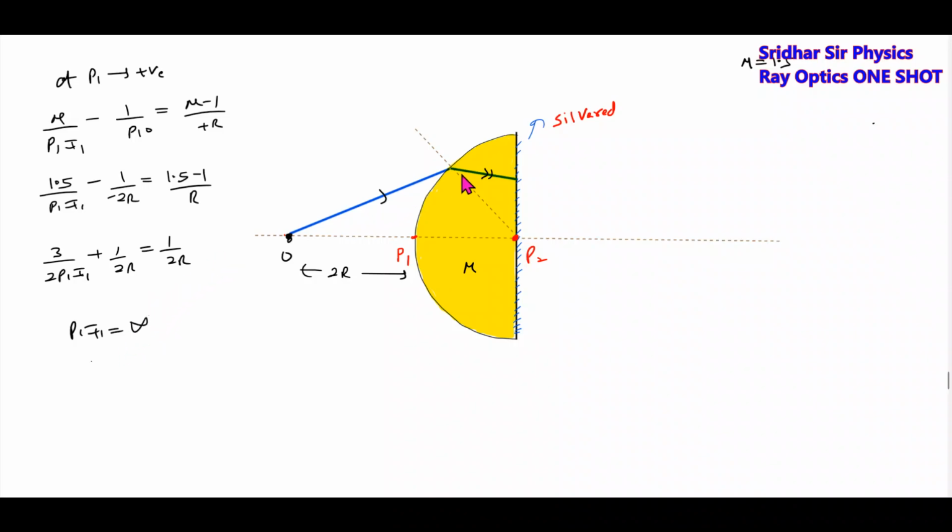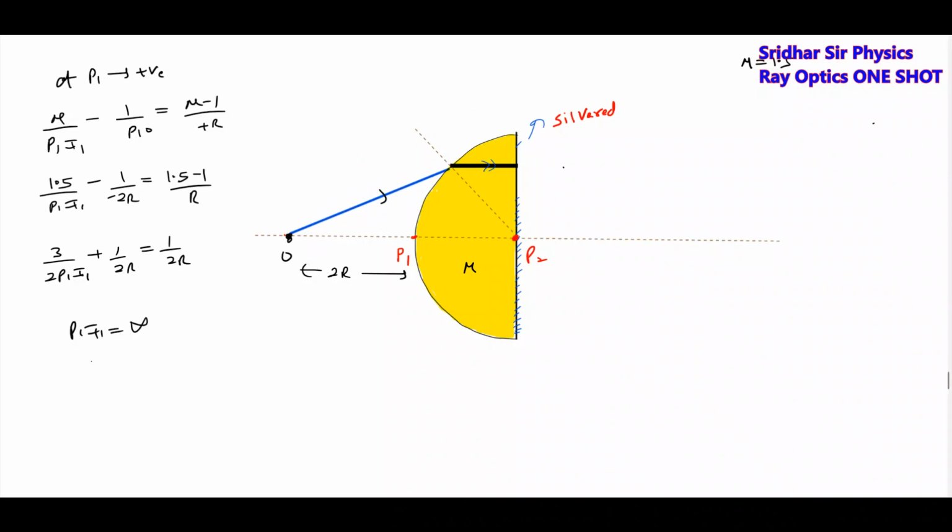What do you mean, infinity? The ray after reflection will become parallel. Possible. I brought this condition exclusively for that purpose. The ray after reflection will become parallel. I will draw it, parallel to the axis. Then it will retrace its path and come here.